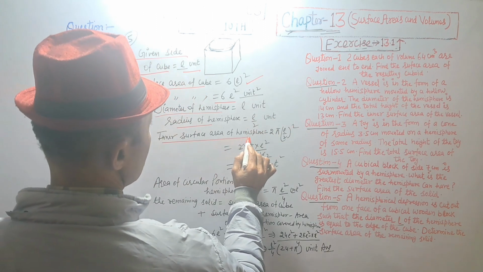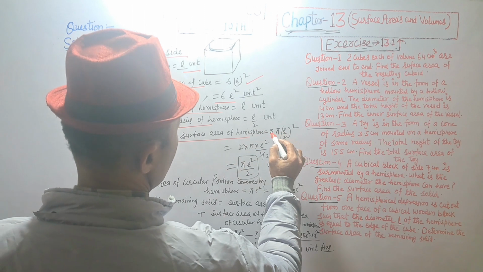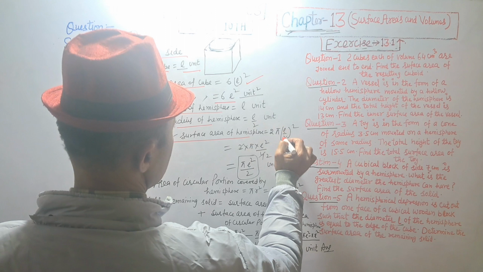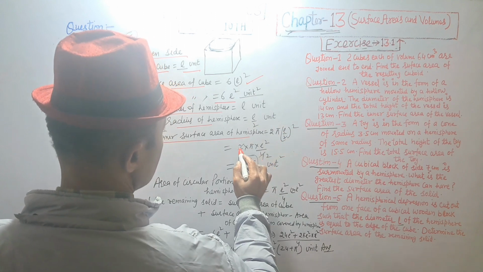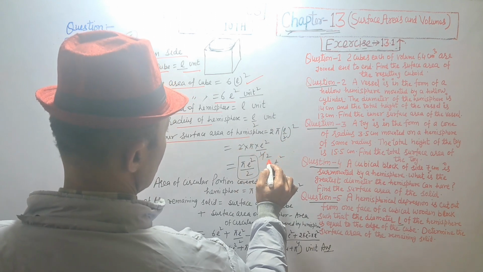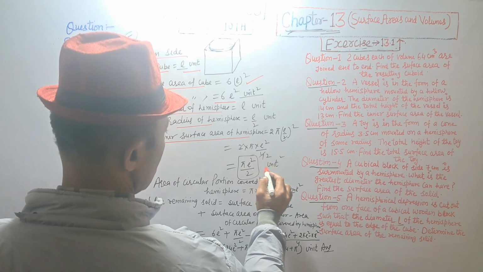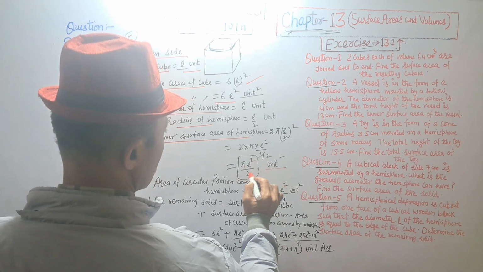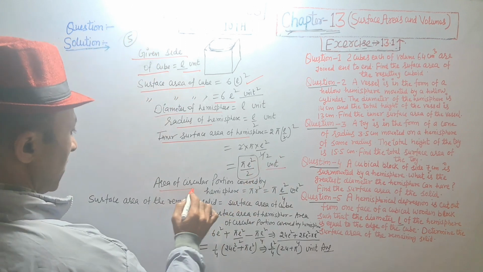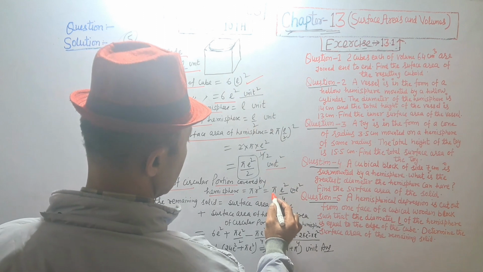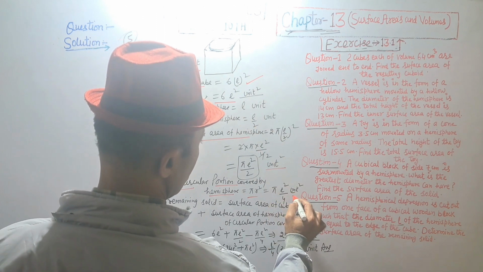Inner surface area of hemisphere is 2 pi r square. R is L upon 2 square, that is 2 into pi into L square upon 4. 2 2 are 4, pi L square upon 2 unit square. And area of circular portion covered by hemisphere is pi r square, that is area of circle, pi into L square upon 4 unit square.